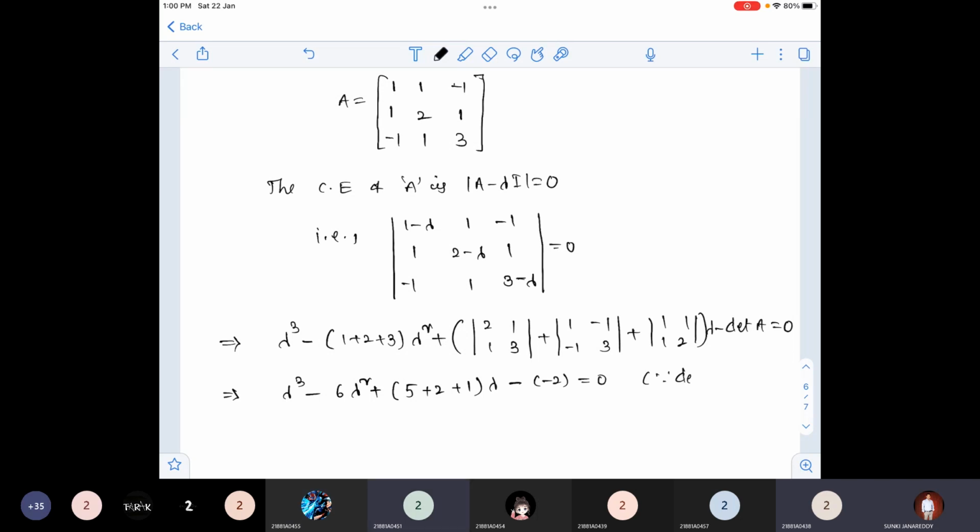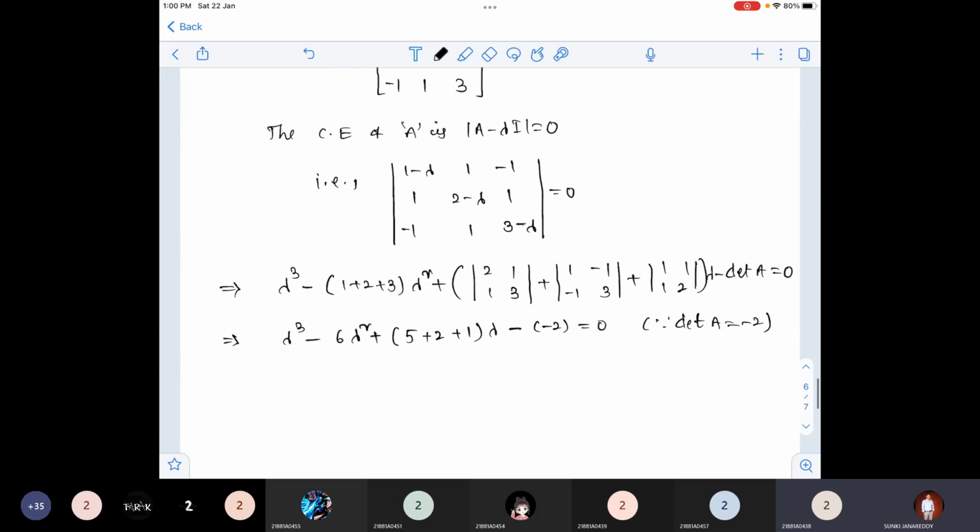Now that implies lambda cube minus 6 lambda square plus 8 lambda plus 2 is equal to 0.